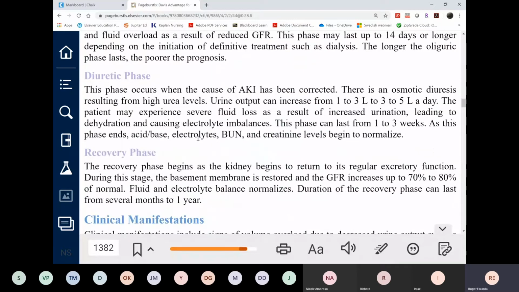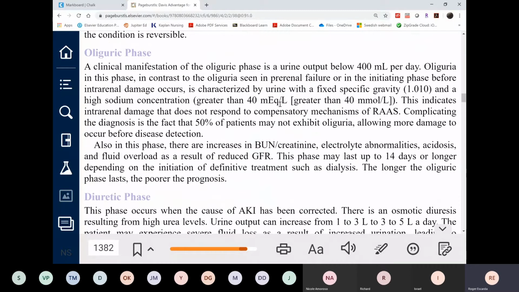The diuretic phase is now running toward recovery, meaning if the patient receives interventions here, let's say we gave them fluids or whatever the cause is. If it's pre-renal, we improve blood flow to the kidney. Who lost blood again? Trinessa.